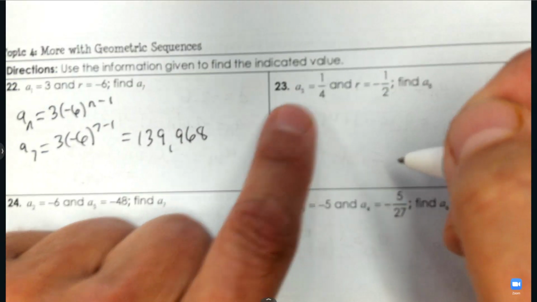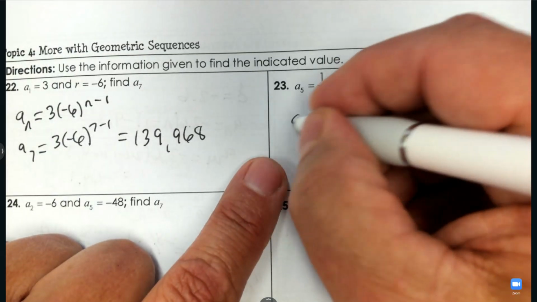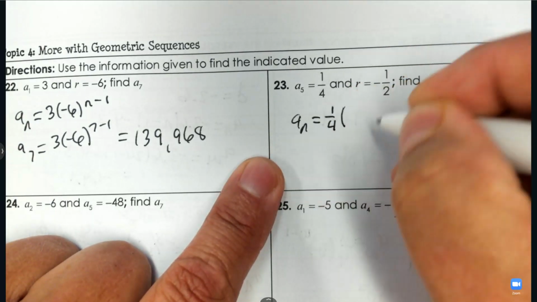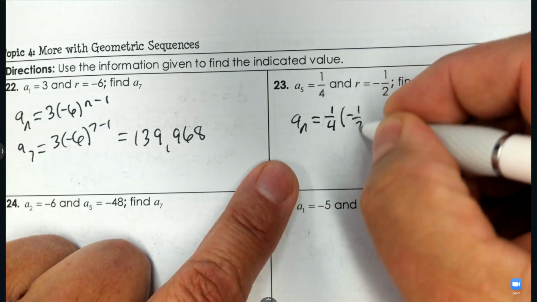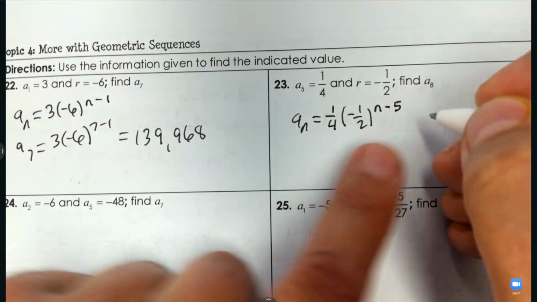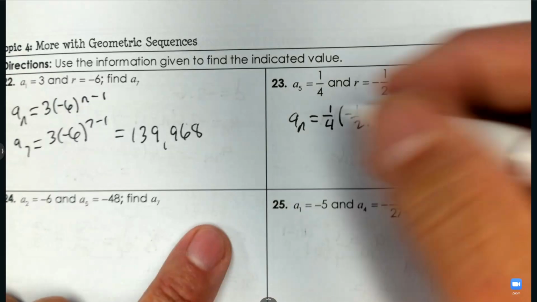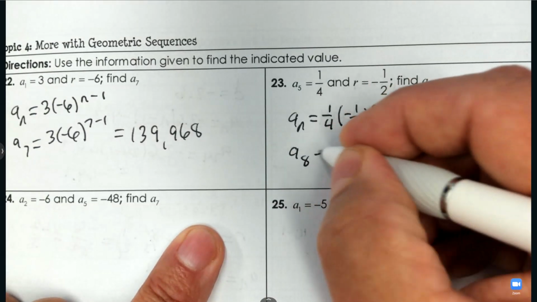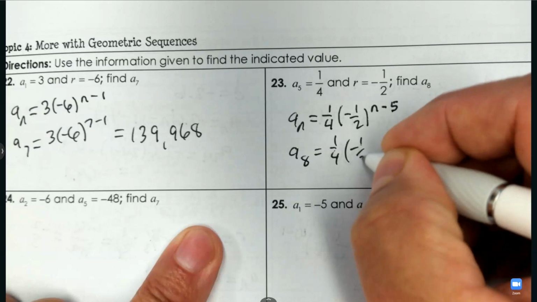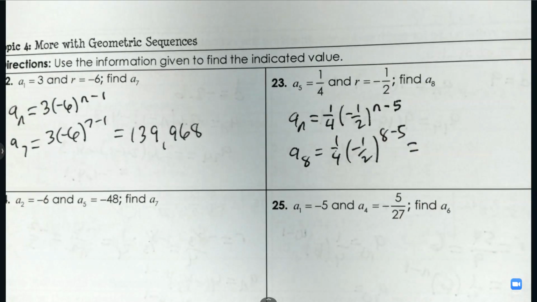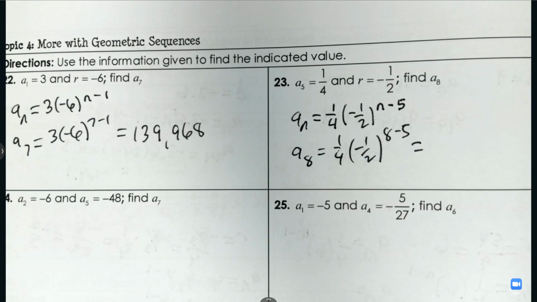Here, we can adjust the formula, also with geometric. So instead of the first term, the fifth term is 1/4. The base is -1/2. And instead of n minus 1, we can go n minus 5. So the fifth term is 1/4. It's still the same formula. So to find A8, just plug 8 into that formula. And let me do that too.